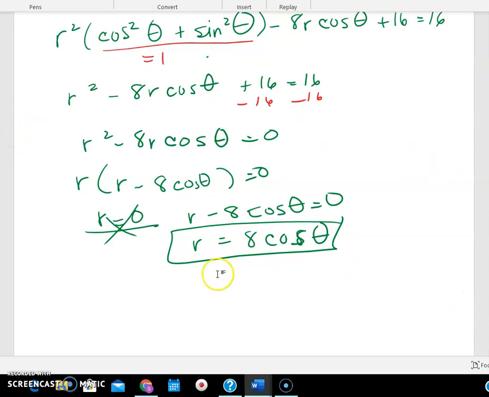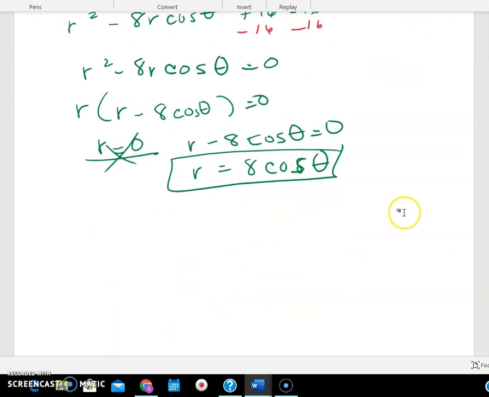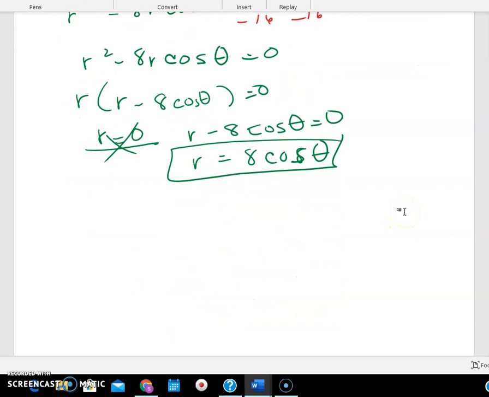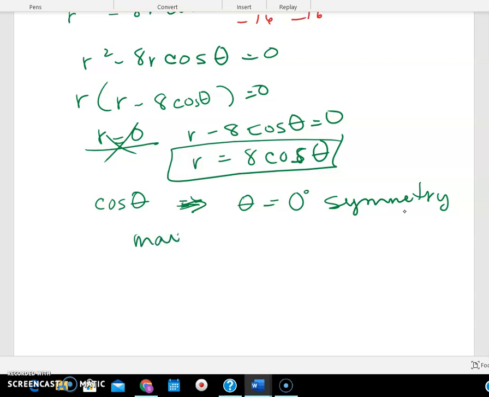So our polar equation is r equals 8 cosine theta, which, because it has a cosine theta, has theta equals 0 degree symmetry. And it has a max of 8, okay? A maximum of 8.